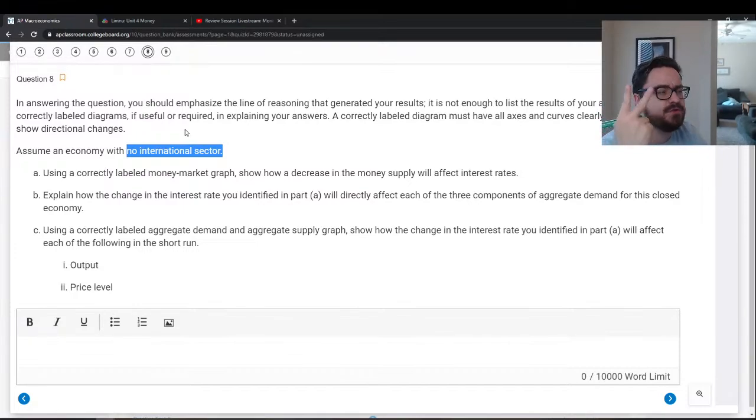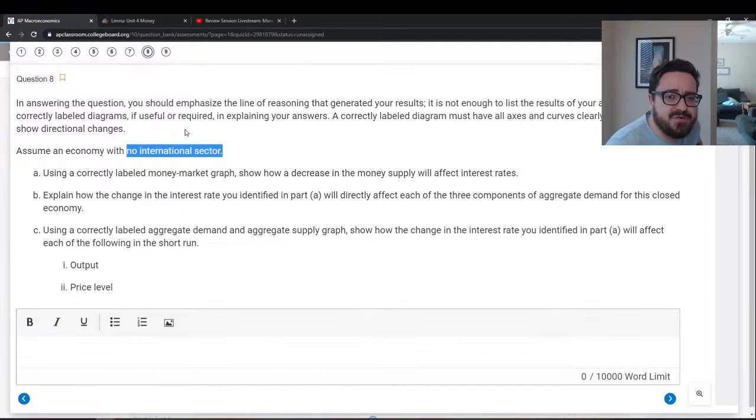If you're a business, you for sure won't be borrowing and spending as much because interest rates are higher, and that makes borrowing more expensive, so you won't do it as much. And the government also borrows, that's why we're in so much debt. And if interest rates are higher, you could argue the government wouldn't borrow as much. It doesn't make as much sense financially to borrow if the interest rate is higher.